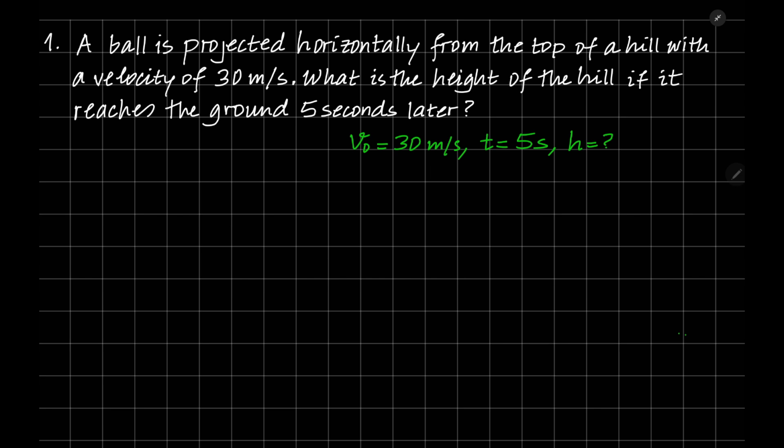Let's first draw the picture. This is the ball, V naught, which is equal to 30 meters per second.